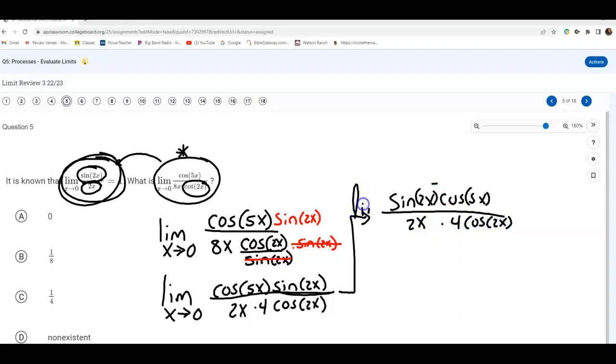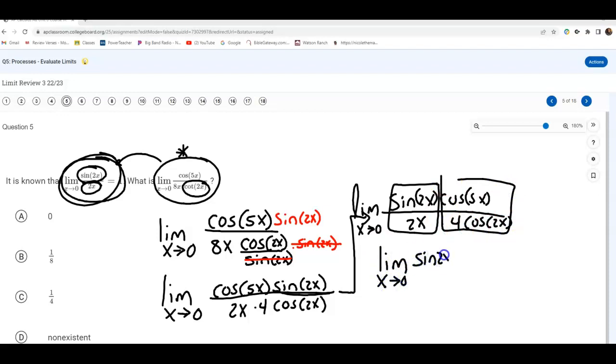We're taking the limit of this as x approaches 0. Now, the limit can apply to this and this separately, so we'll do the limit as x approaches 0 of this piece multiplied by the limit as x approaches 0 of our other piece.